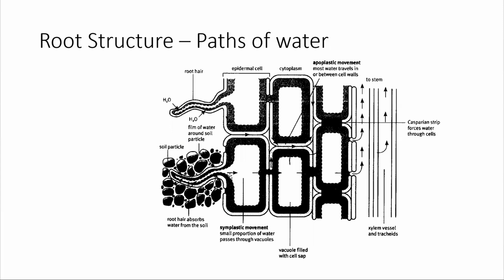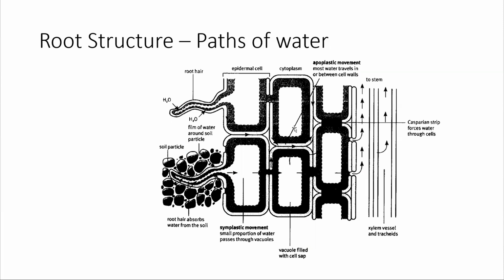The symplastic movement, remember, comes through the cell itself and then goes from cell to cell through the plasmodesmata. Okay, the plasmodesmata. This is a way that water moves through the cortex, but again, as he mentioned, it moves very slowly because there's a bunch of stuff within the cells, whereas between cells in the cortex, you actually get more and faster water movement.